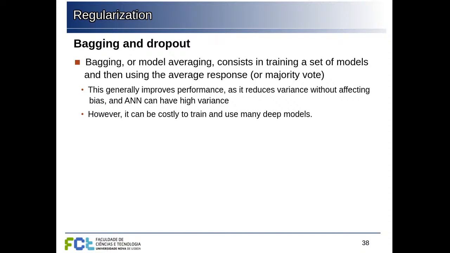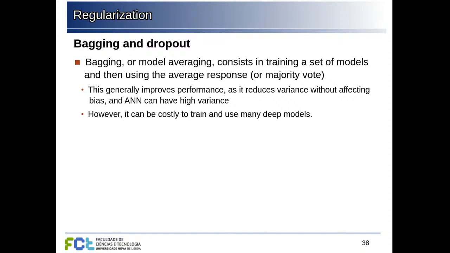So the model can still adjust well to the data, but we are averaging over a large number of predictions. And this we saw last semester as bagging. For example, we use bootstrap aggregation to train many instances of the model, and then we average or compute the median of the predictions. With deep neural networks, this is not very practical.